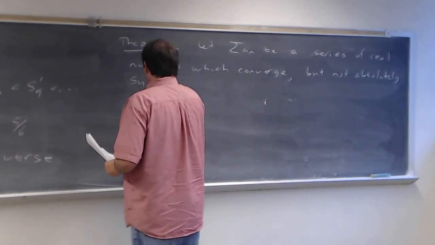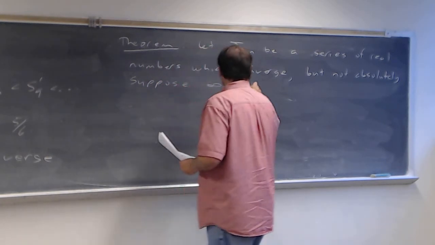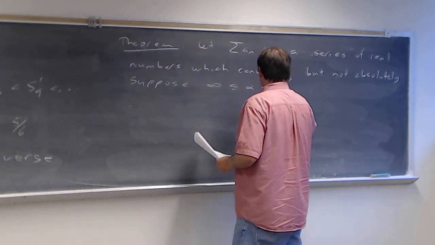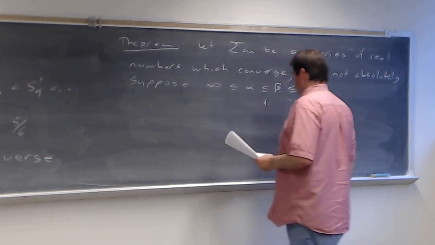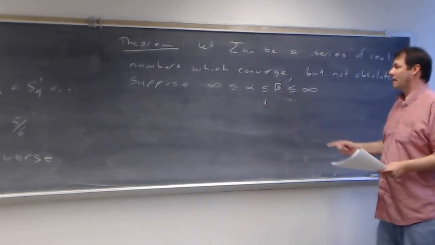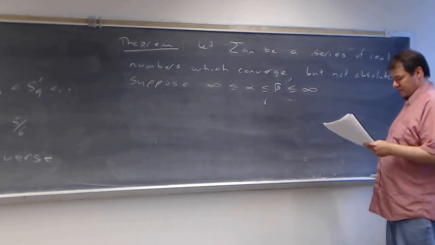We're also going to suppose that negative infinity is less than or equal to some number alpha, which is less than or equal to some number beta, which is less than or equal to positive infinity. So you give me any two extended real numbers, okay?